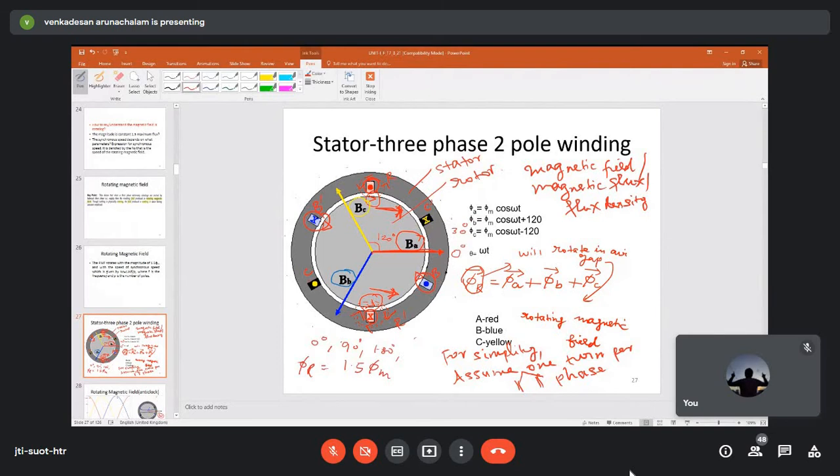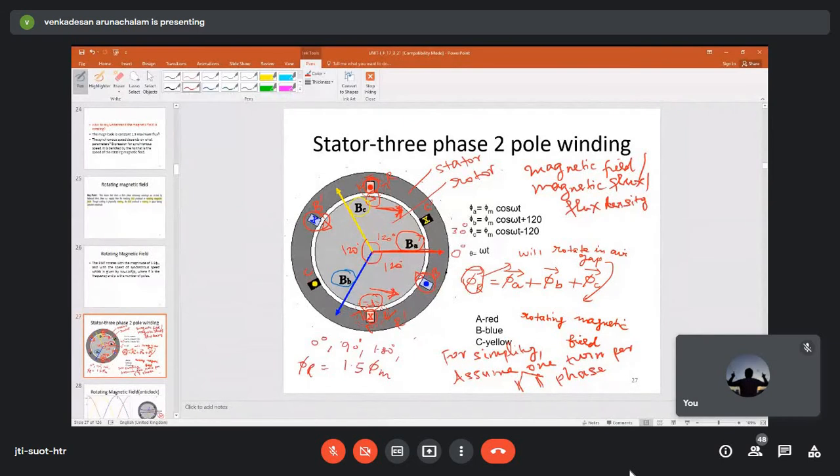So the resultant flux density produced by each phase differs by 120 degree in phase. If you measure the angle between BA and BB, it is 120 degree. If you measure the angle between B and C, it is 120 degree. If you measure the angle between C and A, it is 120 degree.